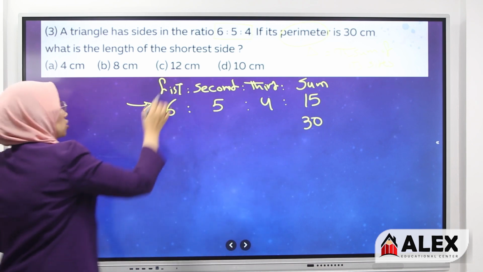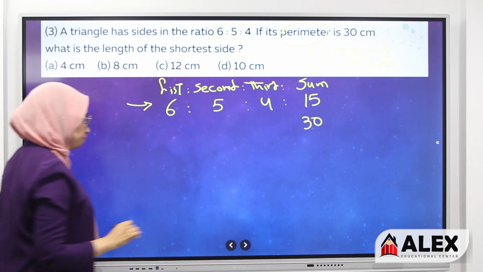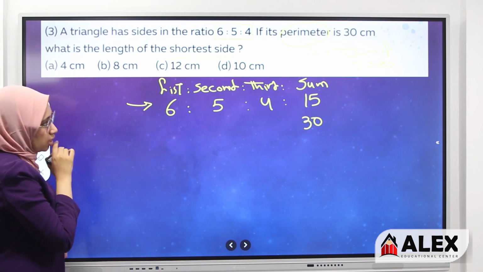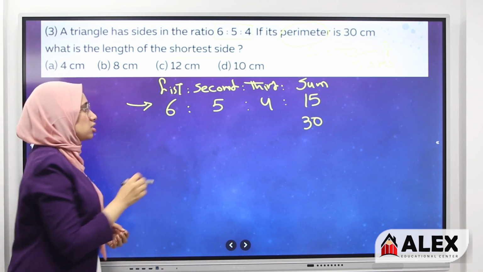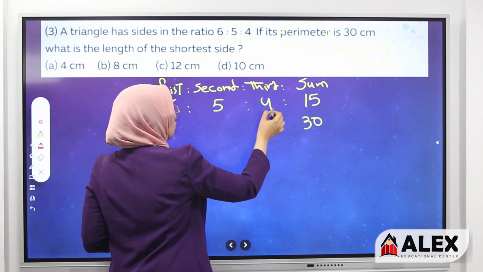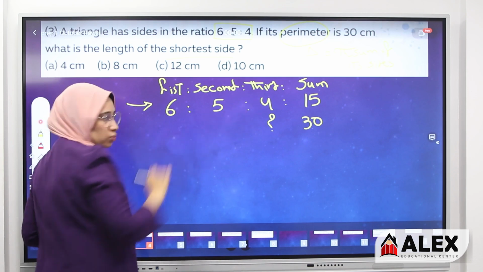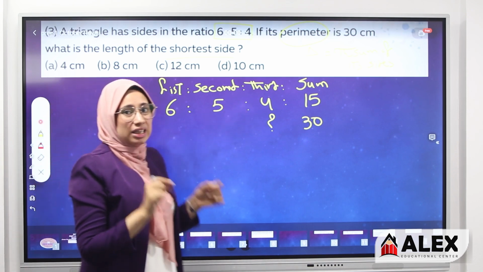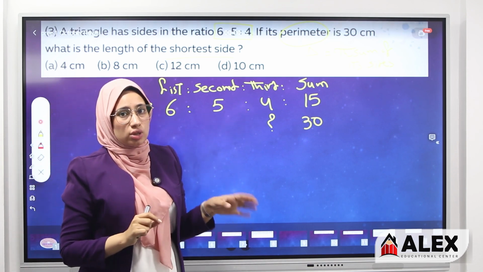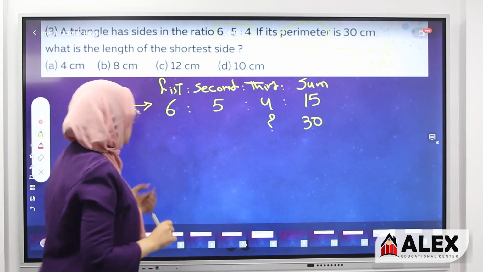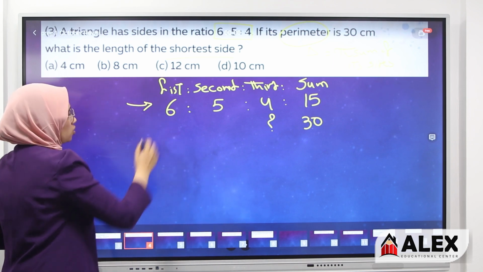Then we need the shortest side. Where is the shortest side? The shortest side is the third, which has the least ratio. The one with the smallest ratio is the shortest side. The longest side is the first one because its ratio is the greatest.